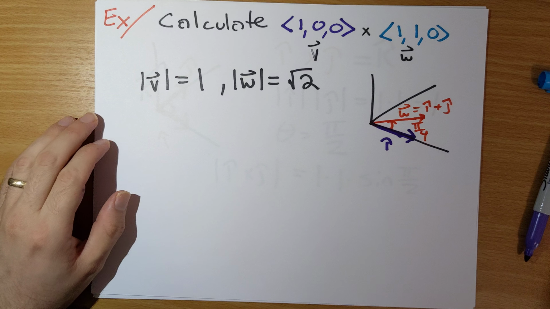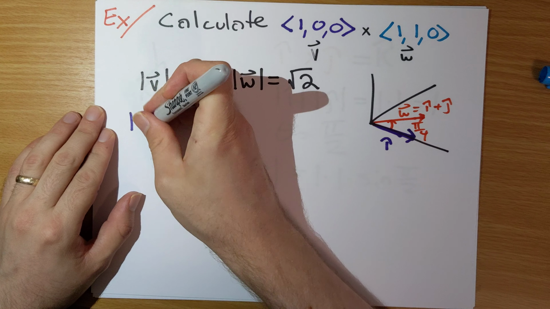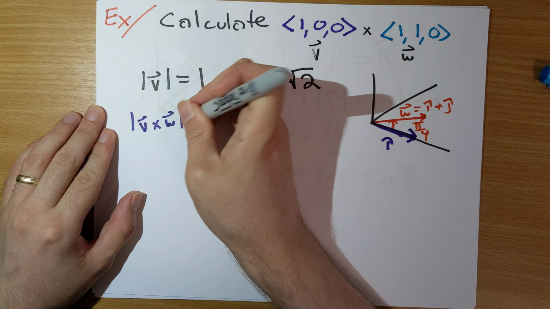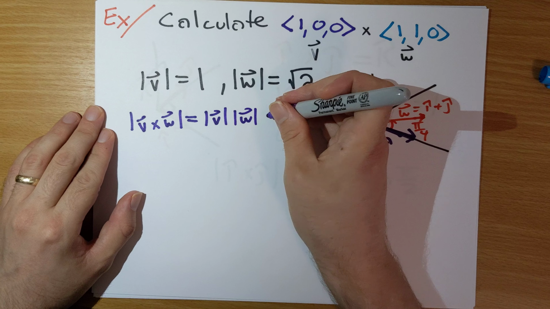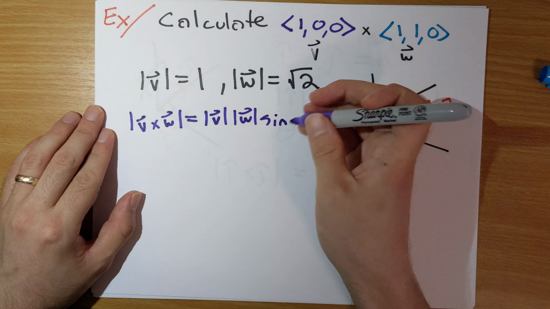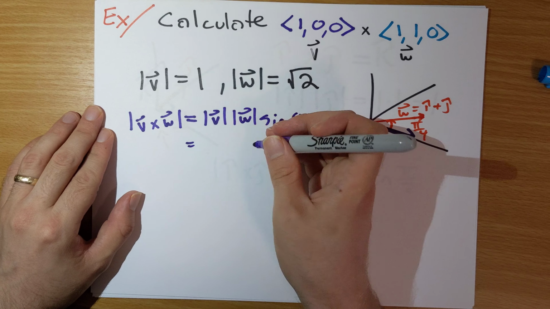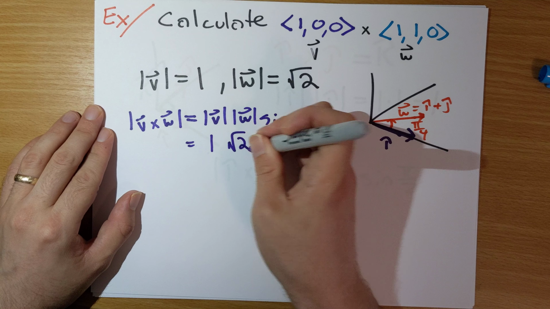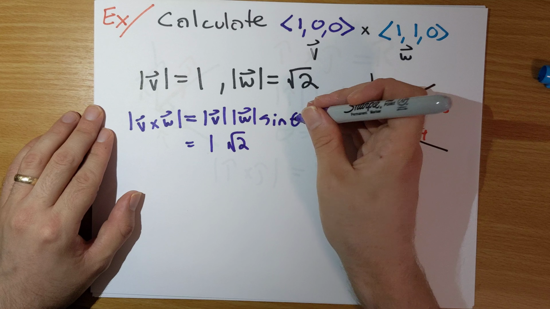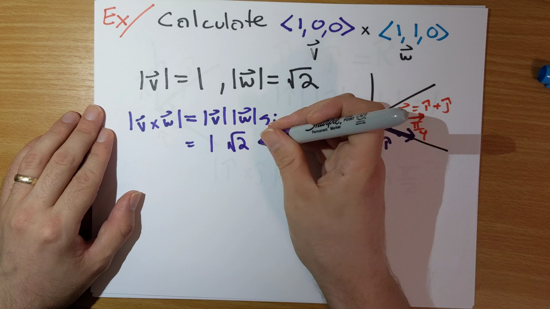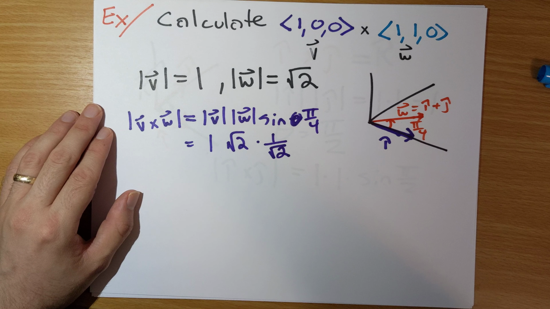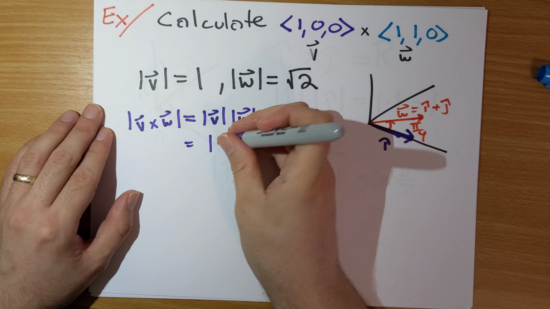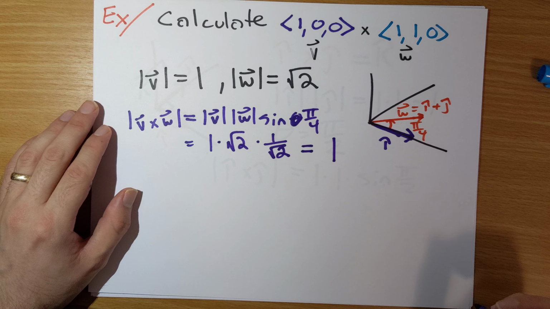So the magnitude of v cross w is equal to the magnitude of v, magnitude of w, times sine of the angle between them. So it's 1 times square root 2 times sine of pi over 4. Sine of pi over 4 is 1 over square root 2. And so this just ends up as 1.